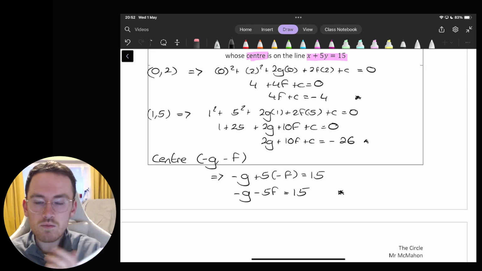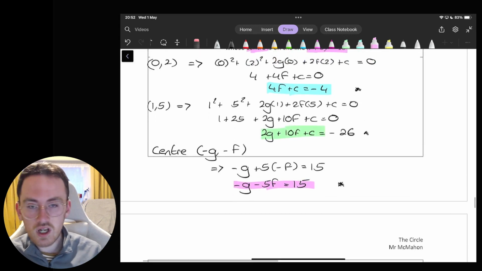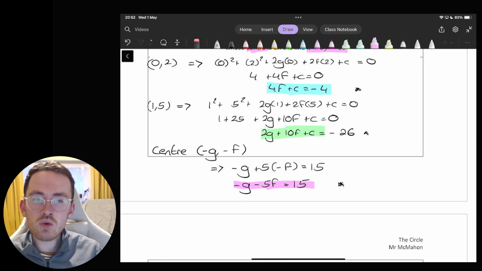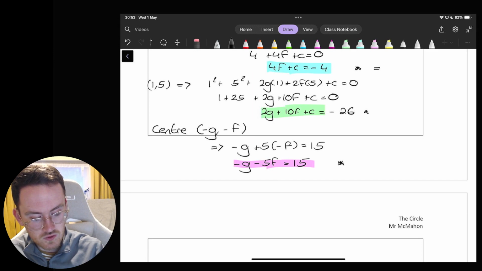So we have a number of ways of looking at this, because I have 3 different equations that I can make use of here. One way is that we have one longer equation, my green equation, and 2 other equations with varying letters. One has g and f, one has f and c. For the blue equation, I could rewrite this as c equals minus 4 minus 4f.